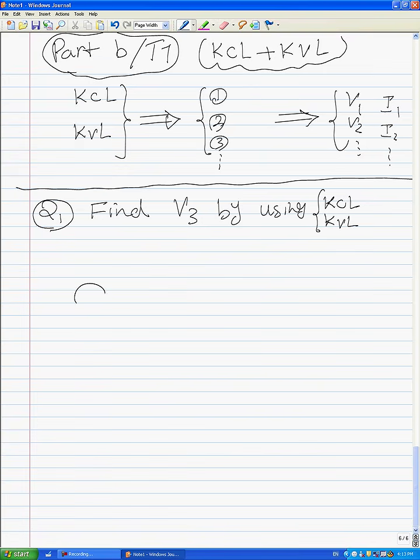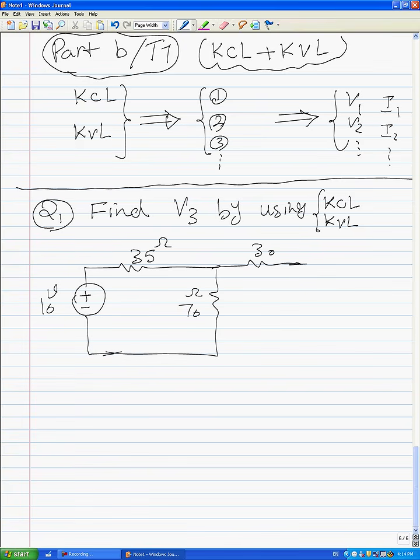The circuit is: here we have 10 volts, here we have 35 ohms, here we have 70 ohms, and 30 and 40 ohms. V3 is the voltage defined here.